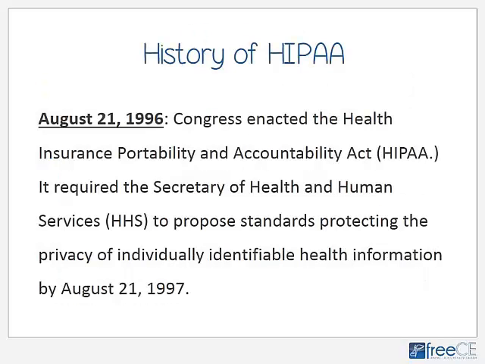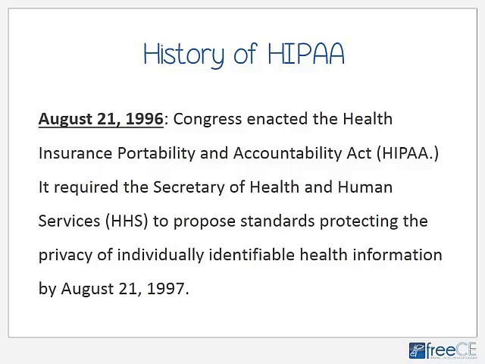So first, let's go over a little bit of the history of HIPAA. HIPAA was enacted as a broad congressional attempt at healthcare reform. It was initially introduced in Congress as the Kennedy-Kassebaum bill, and on August 21st, 1996, Congress enacted the Health Insurance Portability and Accountability Act, which we now know as HIPAA.